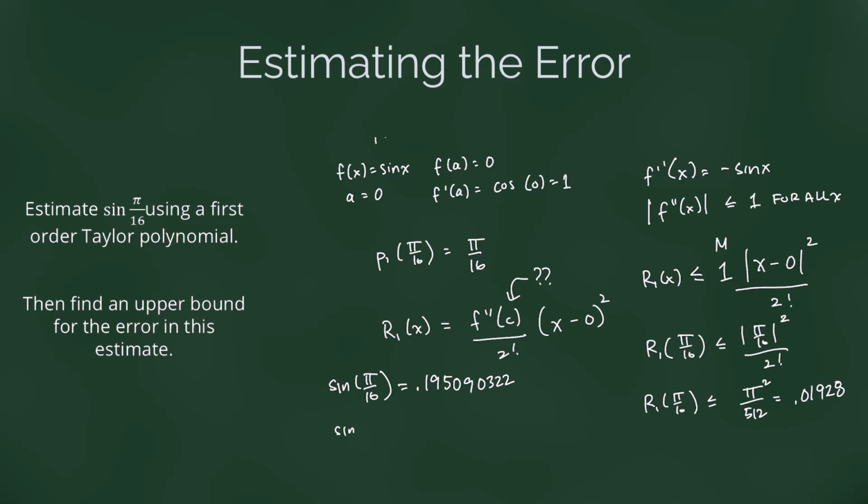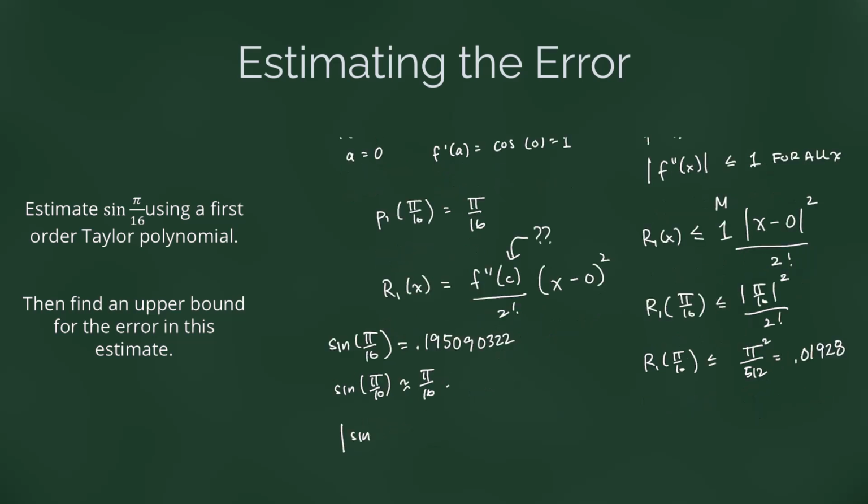We saw that sine of pi over 16 was approximately pi over 16. The absolute value of sine of pi over 16 minus our estimate of pi over 16 is equal to 0.0012592, which is certainly less than the error bound we found, which was 0.01928.